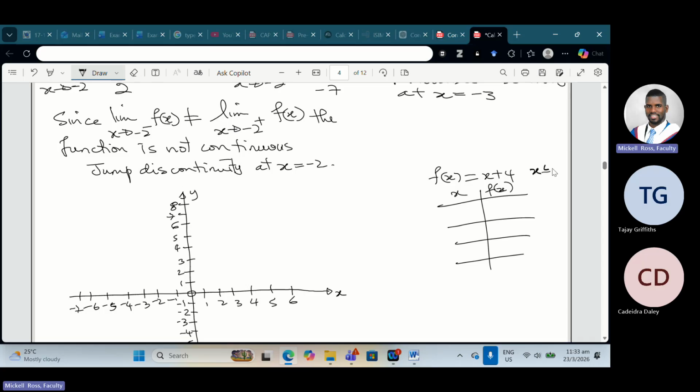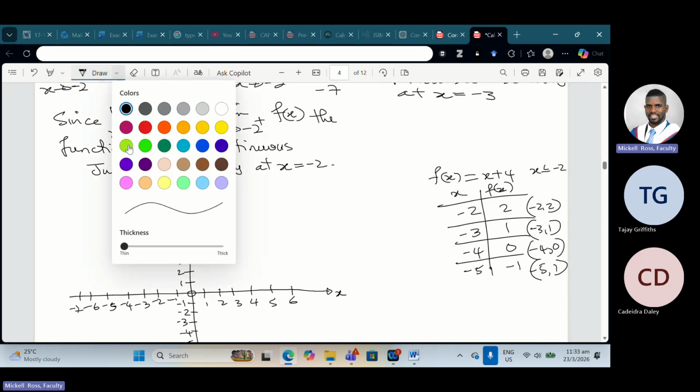So negative 2, negative 3, negative 4, negative 5. When x is negative 2, we get 2; negative 3, we get 1; negative 4, 0; negative 5, negative 1. Those are the points you're going to use to plot that line.